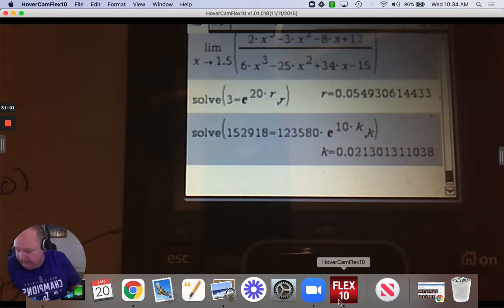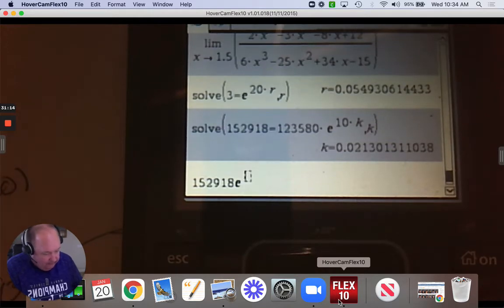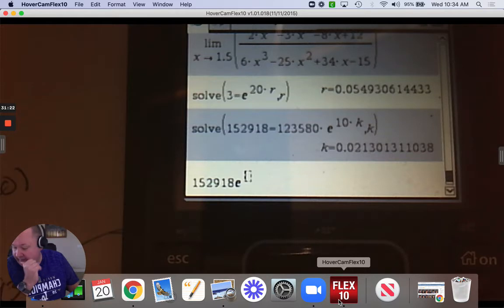So now when it asks for in 2025, I can start from 152,918. And then it's e to the exponent. Now I'm trying to solve for the time that it would take, right? So it says in 2025. So that's in 5 years.